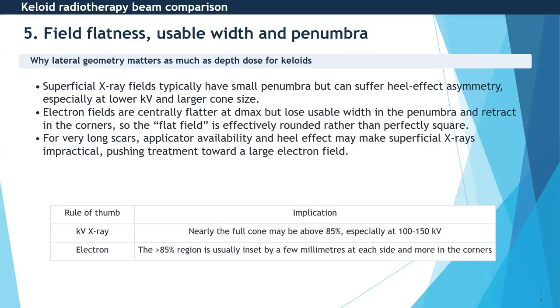So the rule of thumb for kV X-rays, nearly the full cone will be above 85%, especially 100 to 150 kV. But for electron fields, the 85% region is usually inset by a few millimeters at each side and more in the corners.